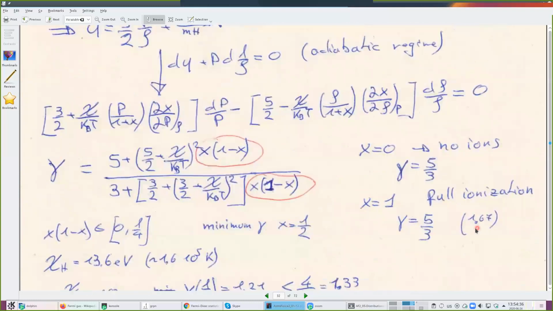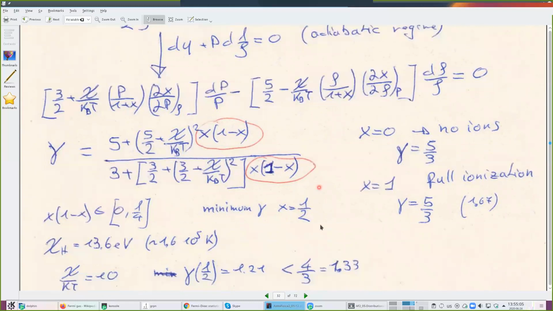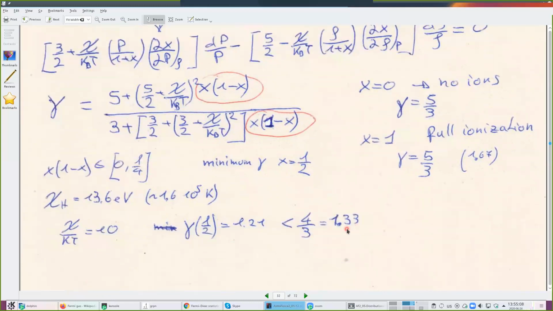You see that if there is no ionization or complete ionization, the adiabatic coefficient is the same, because it behaves like a classical gas. In between it can vary. At a certain point, about halfway, you have this minimum, and it can be quite small.